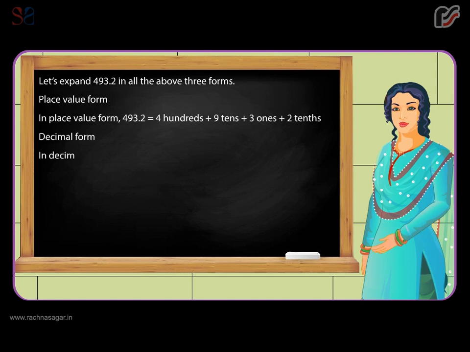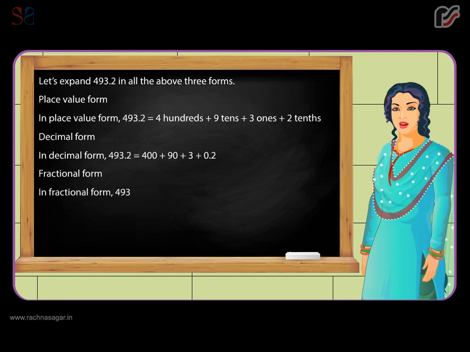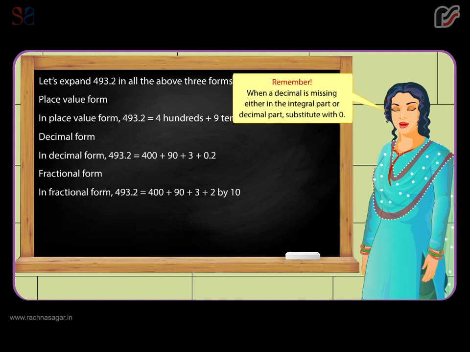In decimal form, 493.2 is equal to 400 plus 90 plus 3 plus 0.2. Fractional form. In the fractional form, 493.2 is equal to 400 plus 90 plus 3 plus 2 by 10. Remember, when a digit is missing either in the integral part or decimal part, substitute with 0.